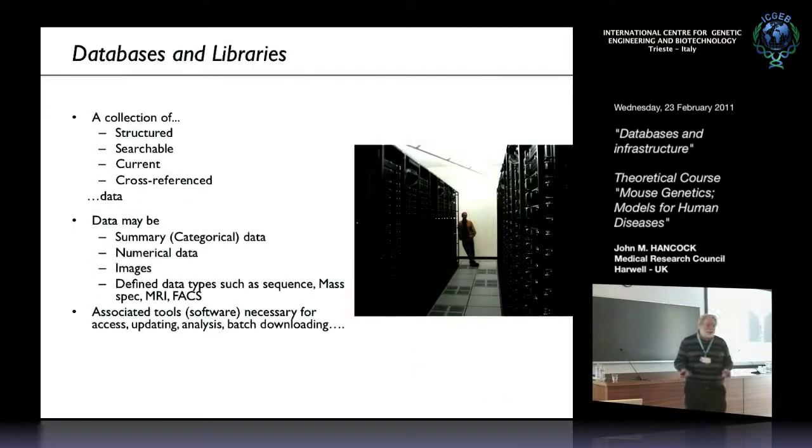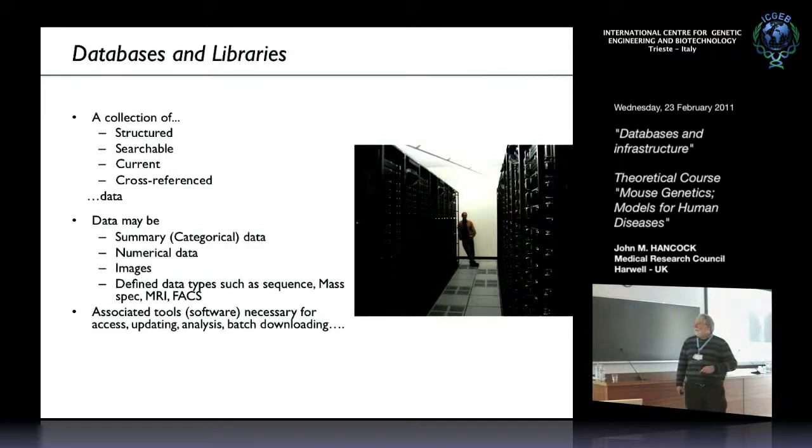And a lot of that applies to data too in the modern world, but there are other features as well. Partly because of the automatic nature of much of computation, we can have summaries, we can have all sorts of different kinds of data, so we can have numerical data, we can have images, all of which are live objects in a sense.